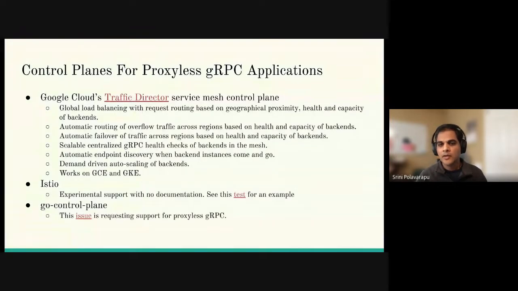A gRPC client can only talk to a gRPC service. If you want to talk to HTTP services, you will need a gateway in the middle, which is the gRPC HTTP gateway that converts your REST calls to gRPC and vice versa, right? So you can use an HTTP service in the mesh if you have a gateway like that, and all the requests will have to pass through the gateway.